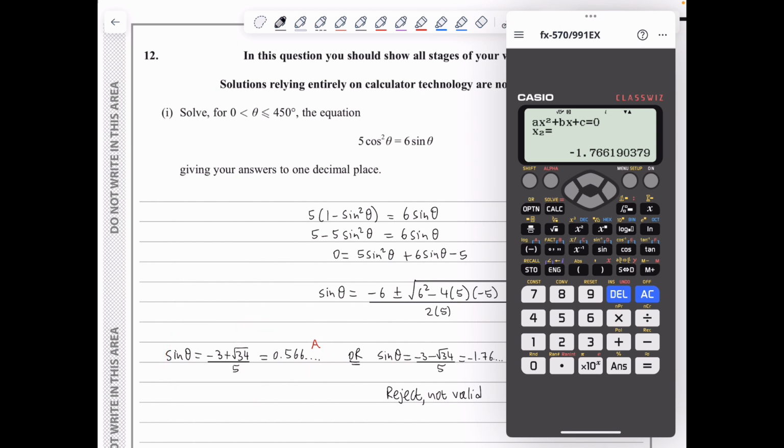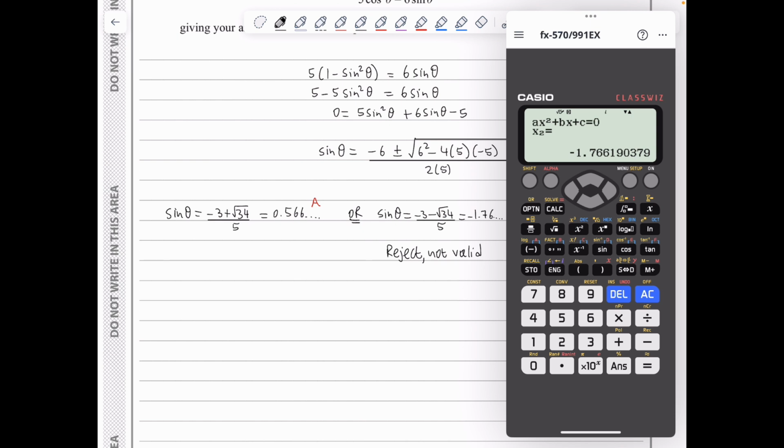The first thing to do is find the principal value, so the PV will be shift sine of the 0.566... So menu 1, I'll do shift sine of A, and this gives an answer of 34.484..., and I will store this on B. And we know that when we are solving a trigonometric equation involving sine, then theta is given by the PV, which is B. Let me write the B here to remember.